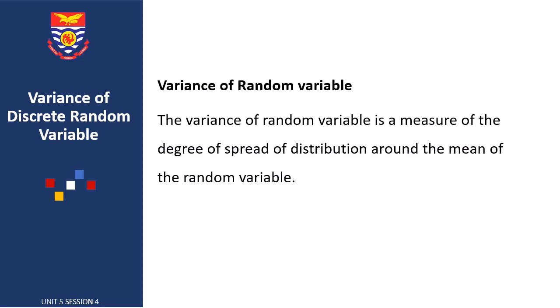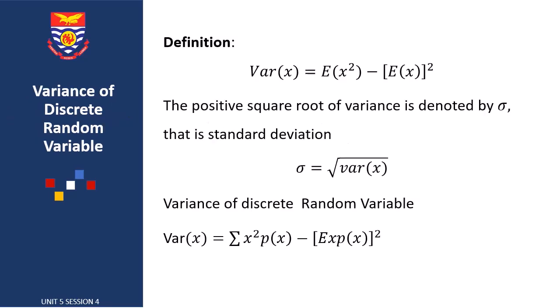So you see how the random variables will be scattered around the mean, either close to the mean or scattered further away from the mean. All those are measured with the variance of a discrete random variable.